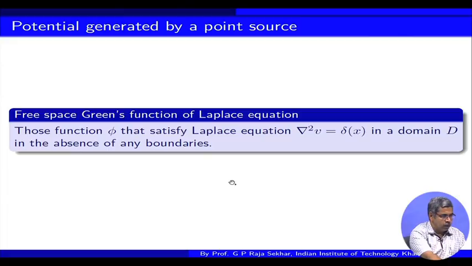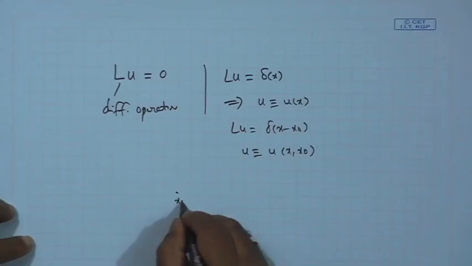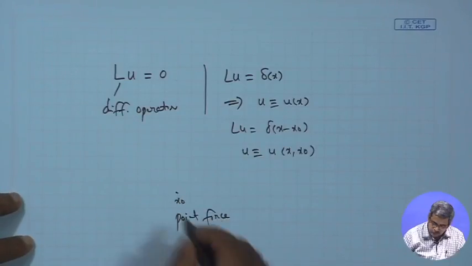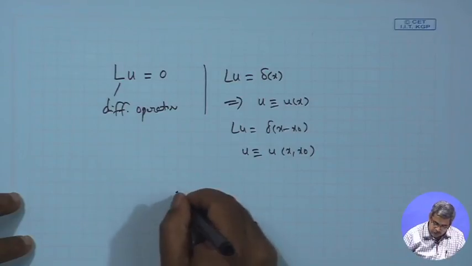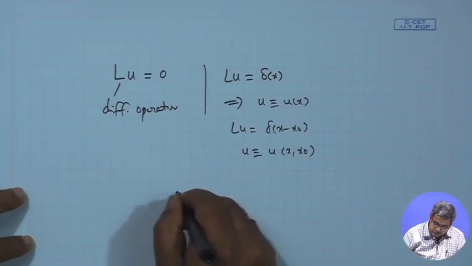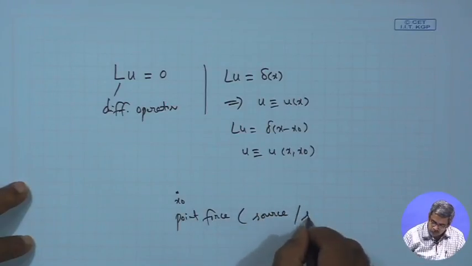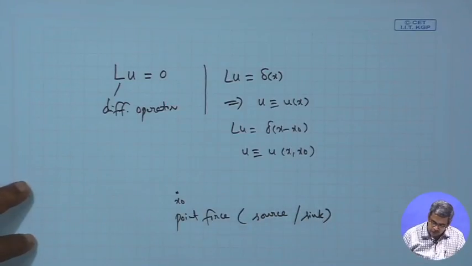Okay. So, when we say a point force at a particular point x naught, so singularity, so we expect it is a source or a sink. So, what do you mean by this?